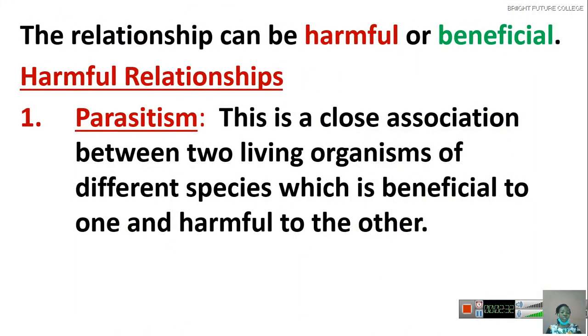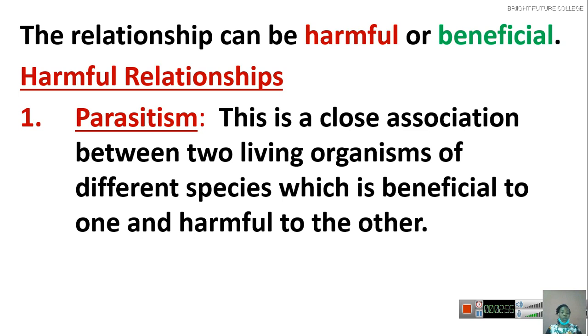Now, this relationship that we are talking about can be harmful or they can be what? Beneficial. We are going to start from the harmful relationship. And the first one we have here is parasitism. When we say that something is harmful, that is to say that one of the organisms will be what? Harmed at the end of the association with the other organism.